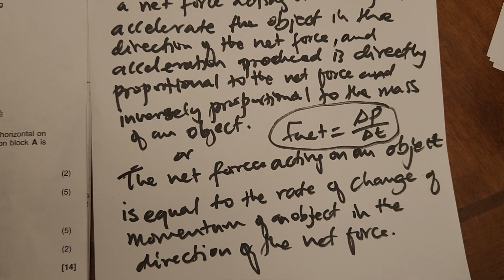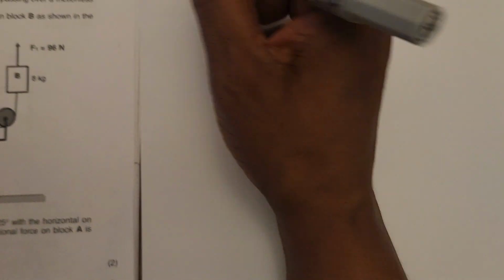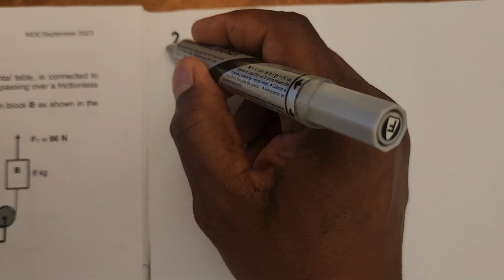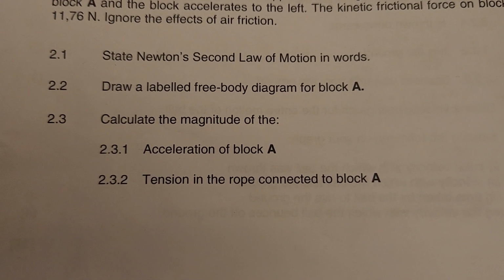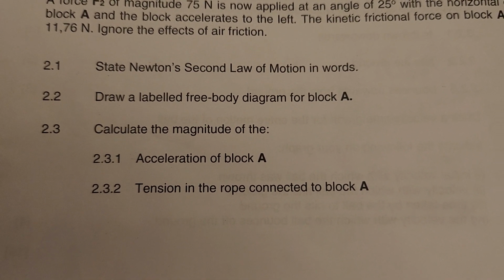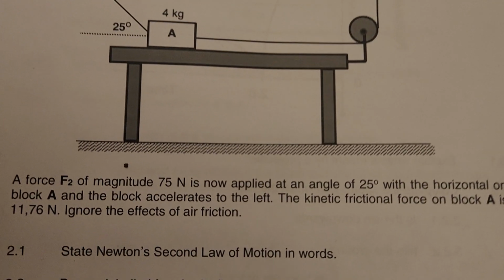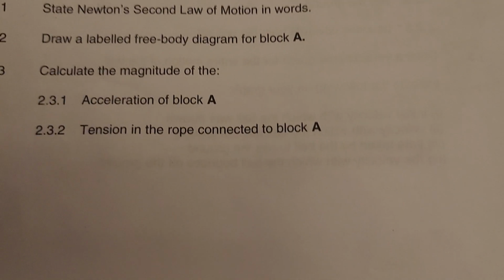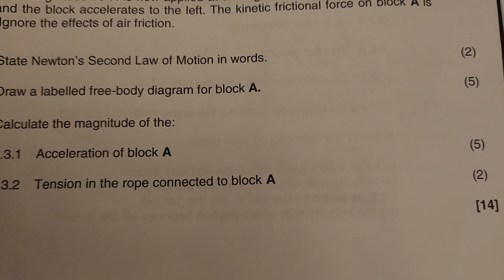Let's go to the next part. Now they are saying to us 2.2. They say, according to the question, draw a free body diagram for all forces acting on block A. You can see block A, according to the question, it's 5 marks.